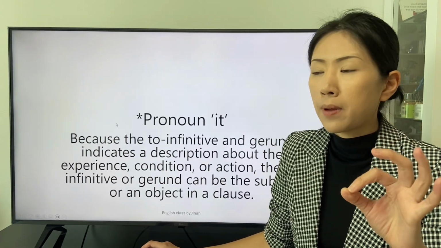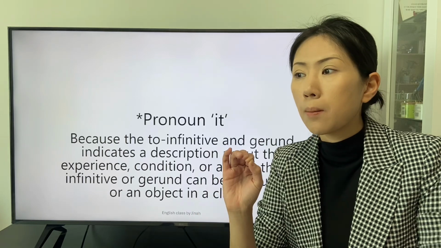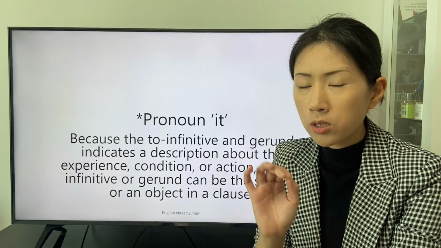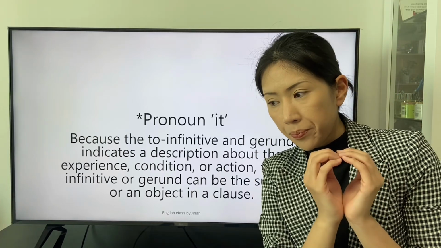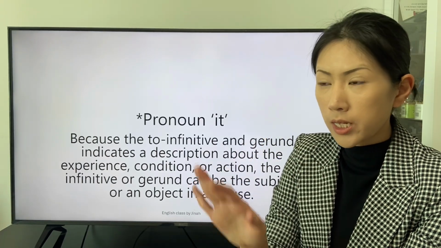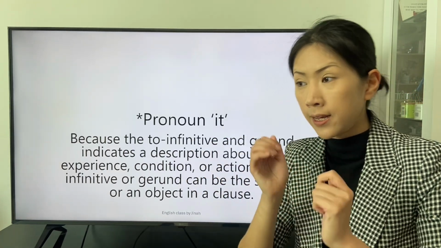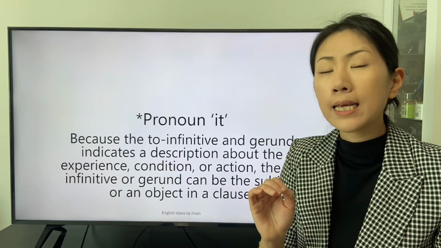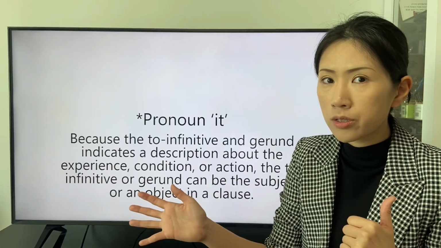As we study about a description can be indicated by the to-infinitive and the gerund, the indication about the description by the to-infinitive and the gerund can be the subject or the object in the clause.